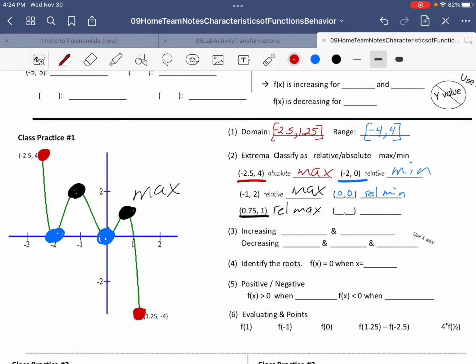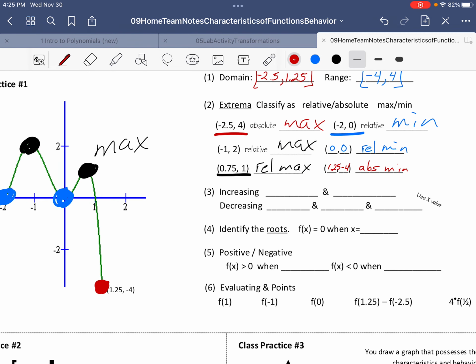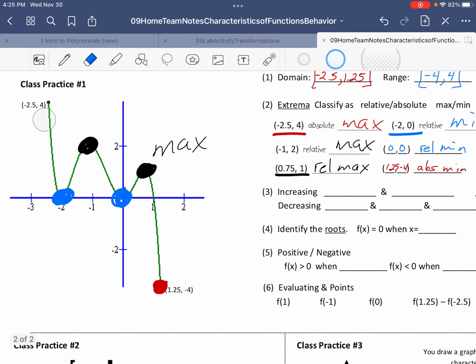It is at the very bottom of the graph, and that's why we're going to be able to say that 1.25, negative 4, is an absolute minimum. It's absolutely the lowest point on the graph. Extrema, high points and low points on the graph.